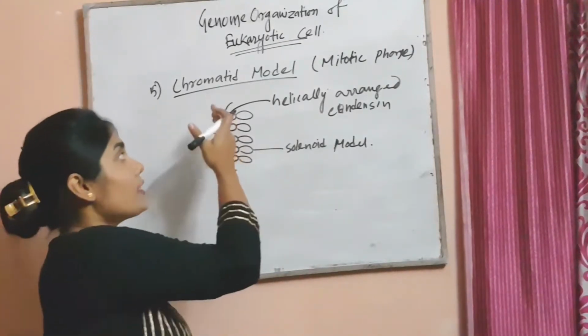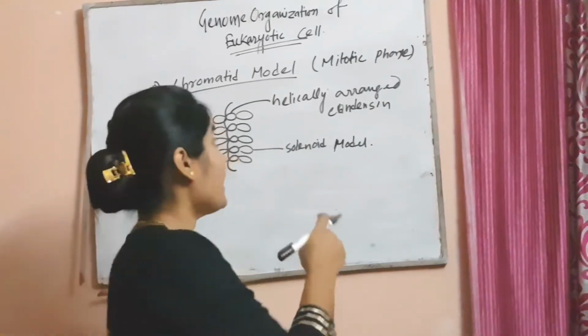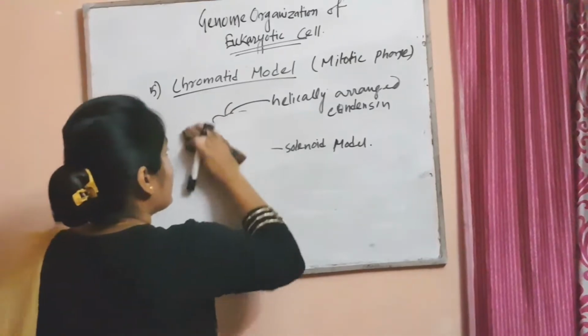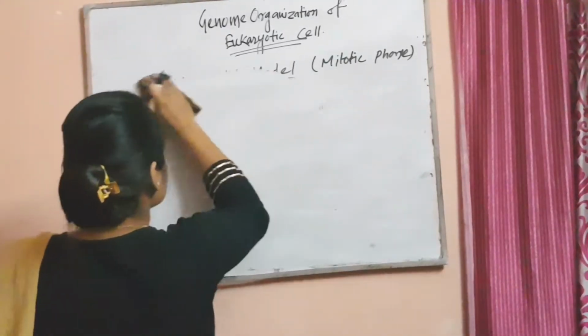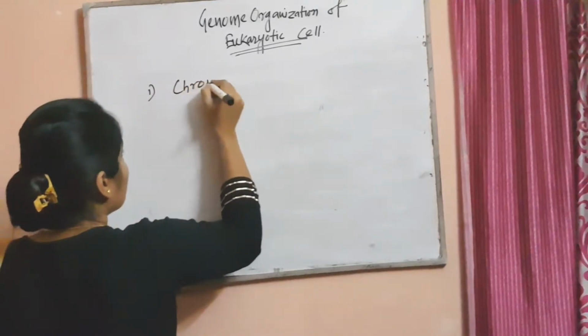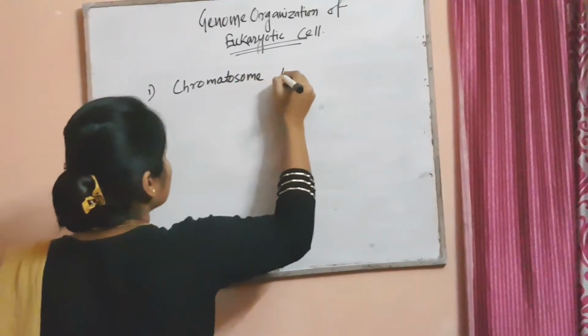When two chromatids are present together and interact with each other, then this would be the chromatosome model.